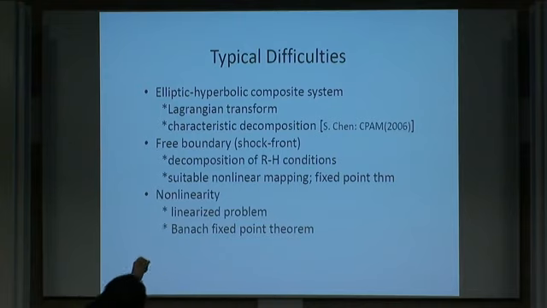The first is using the Lagrange transform, and the second is the characteristic decomposition. Up to now, we have quite a good theory for 2D because of these two methods. For 3D, we have very few results because the 3D steady subsonic Euler system is also elliptic hyperbolic composite, but we don't have a good idea to decompose it. So that's why 3D is more complicated, and few results are known now.